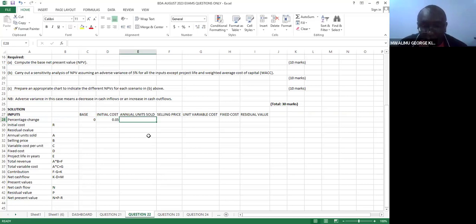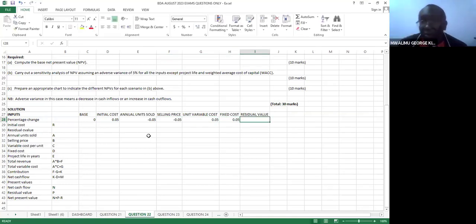For the annual units, if it is advanced, that means we sell less. So it's going to be minus 0.05. Then for the selling price, when it is advanced, it means the price comes down. So it's also negative. The variable cost advanced means the cost has gone up. Fixed cost, the same case, the cost has gone up.